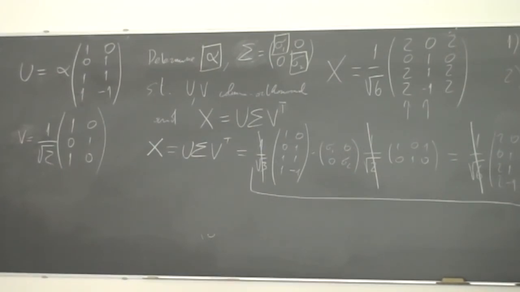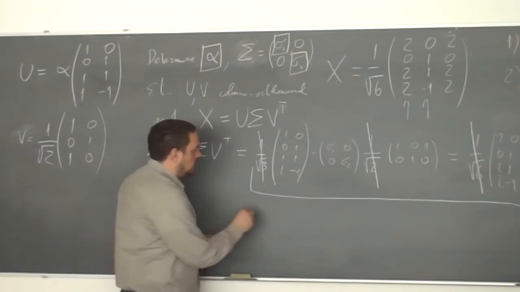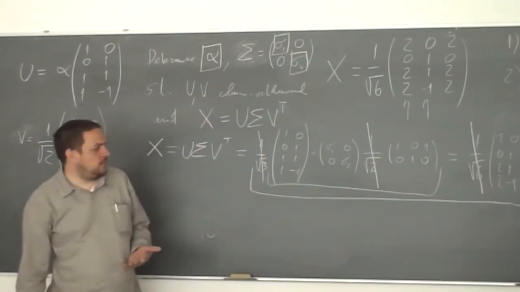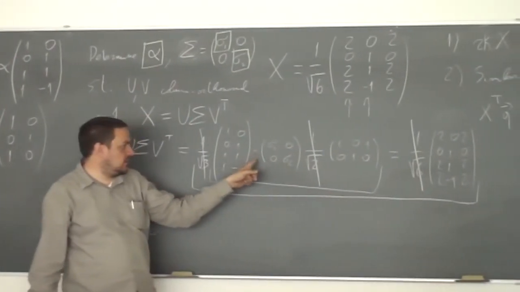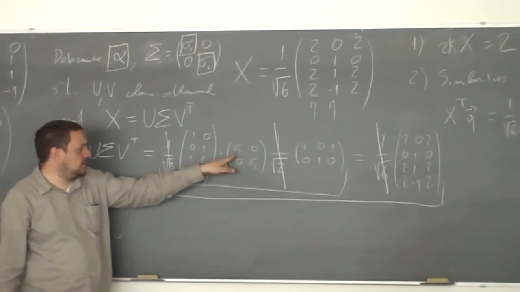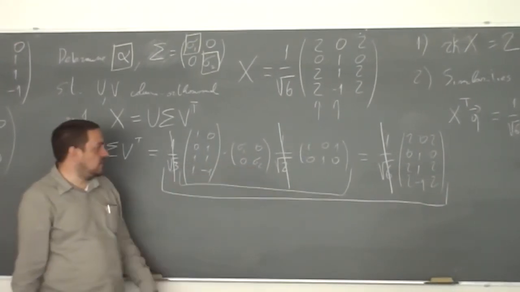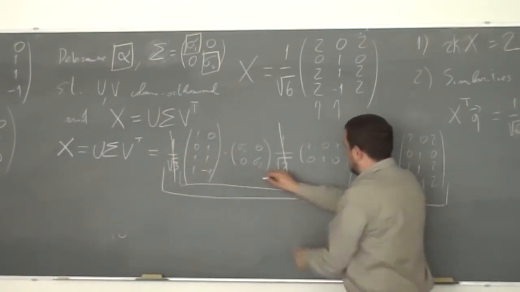We need to compute this product, but actually we don't need to compute every element. We just need one product that contains sigma 1 and one that contains sigma 2.